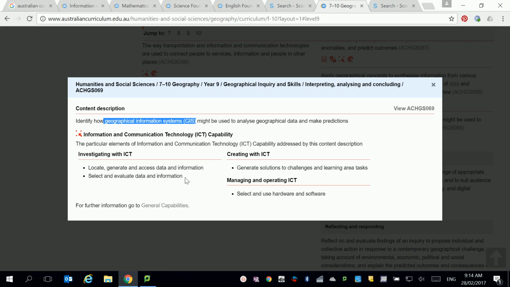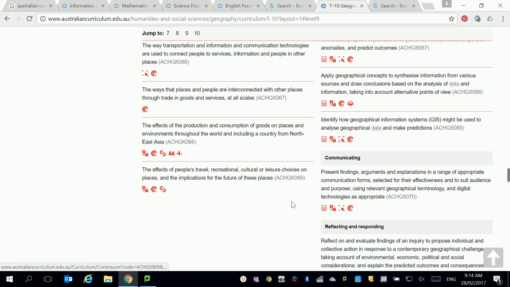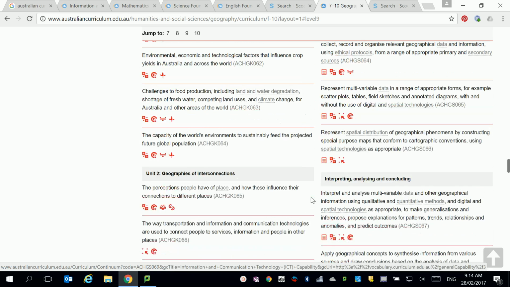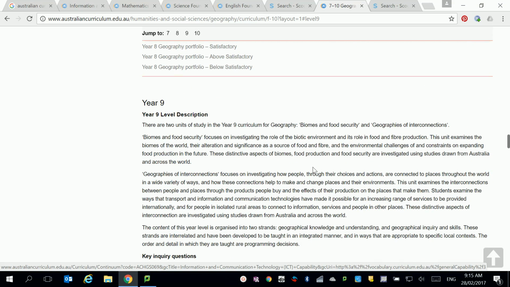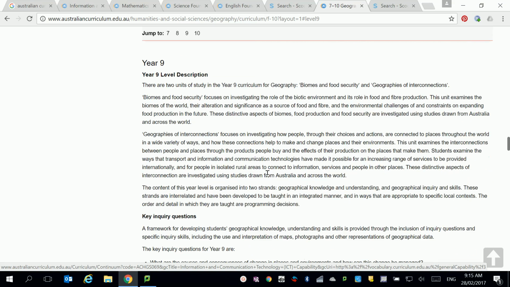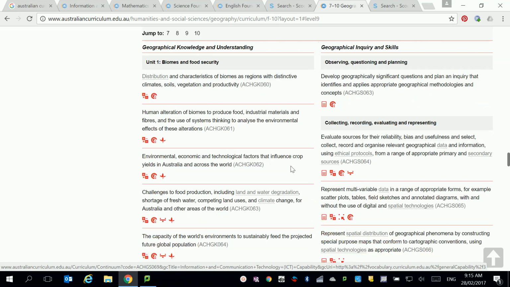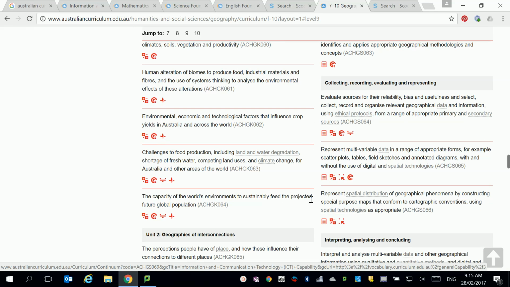Because GIS definitely does the locate, select and generate solutions to challenges, and hardware and software. So definitely use the ACARA as a guide to integrating those ICT capabilities.